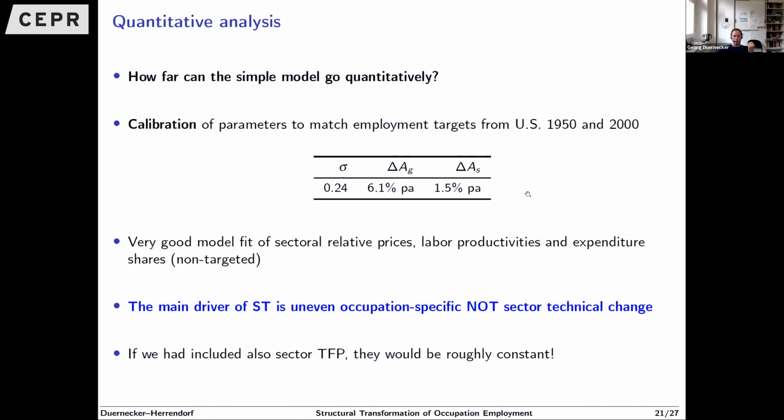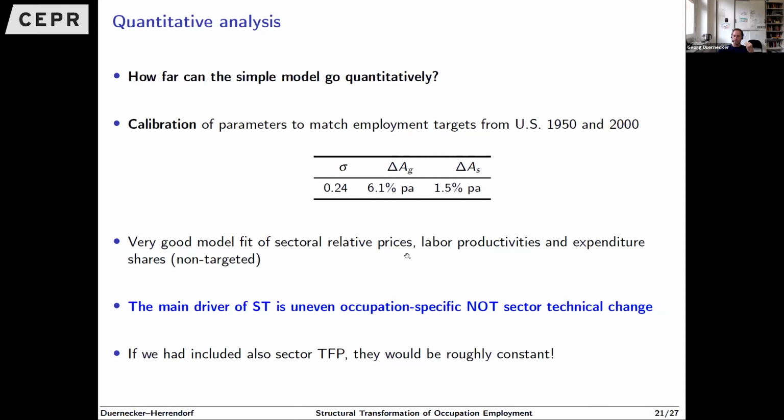I'm not going to show you all the parameters, but only those that are important, namely that the data supports the substitutability between both types of occupations, which in fact is smaller than 0, and also a faster technological progress for goods occupations. And this is just to say that the calibrated model can match the calibration targets very well, but also it fits the non-targeted statistics like sectoral prices, labor productivities, and expenditures very well.